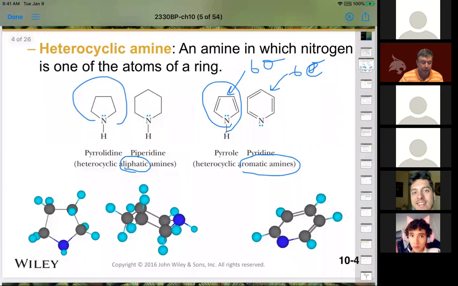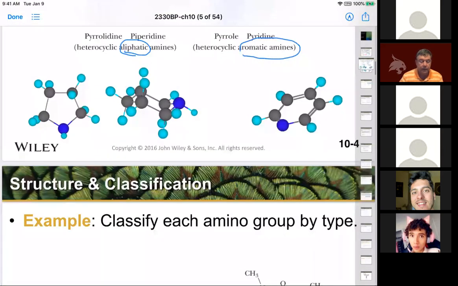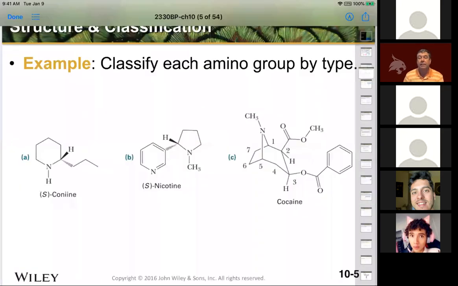Okay, so let's go ahead and look at a few examples and then classify these as primary, secondary, tertiary, or aromatic heterocyclic or aliphatic heterocyclic, okay?